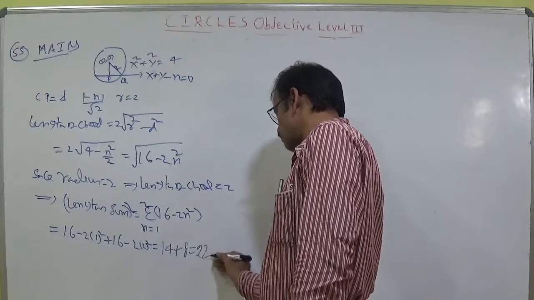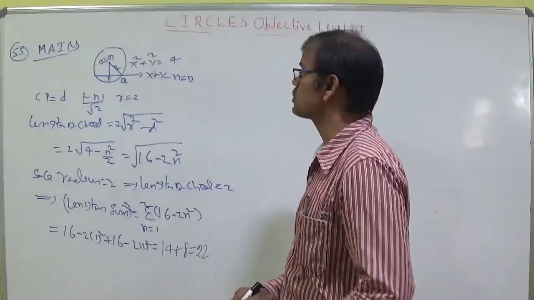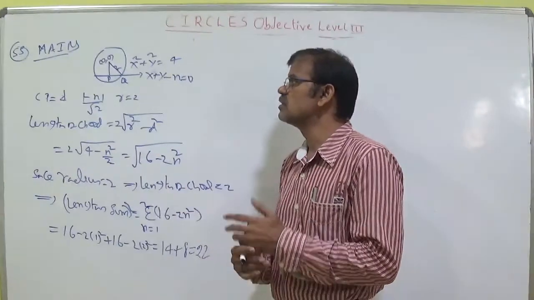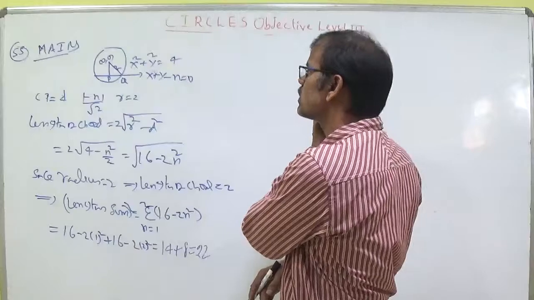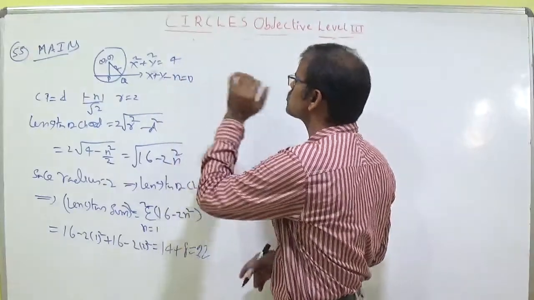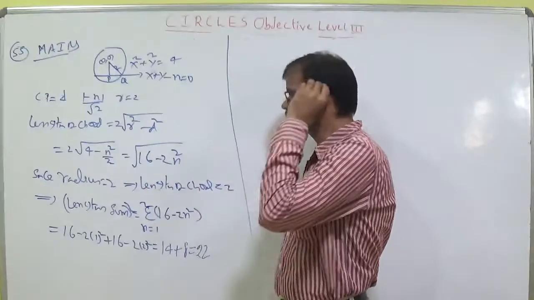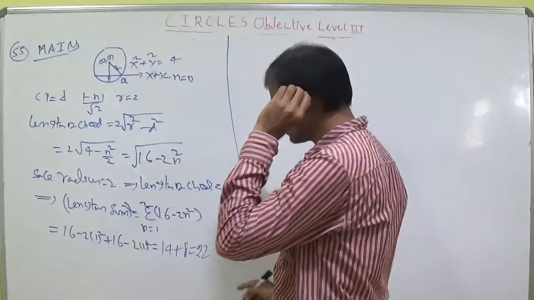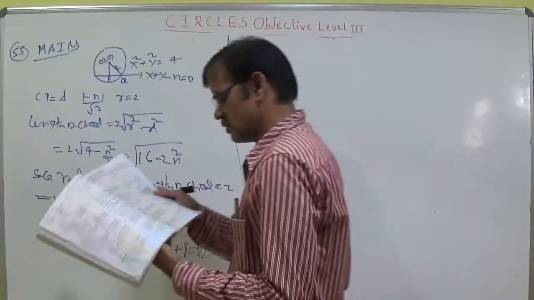How many chords are possible? With n is equal to 2, maybe 2 chords. In x plus y is equal to n, n should not exceed 2. So the sum of such chord lengths is equal to 22.